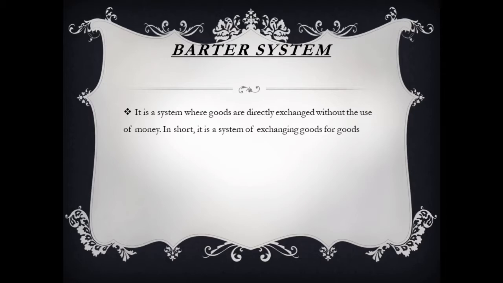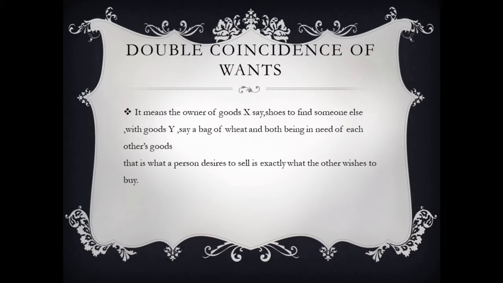That is, both the parties, buyer and seller, have to agree to sell and buy each other's commodities. This is also known as double coincidence of wants. Let's see what is double coincidence of wants. It means what a person desires to sell is exactly what the other wishes to buy.